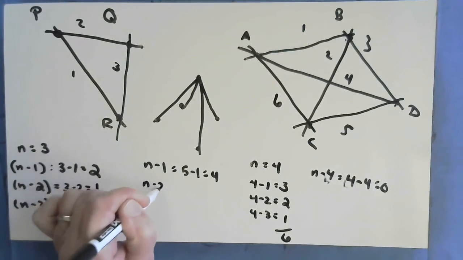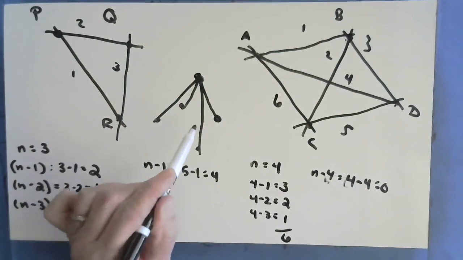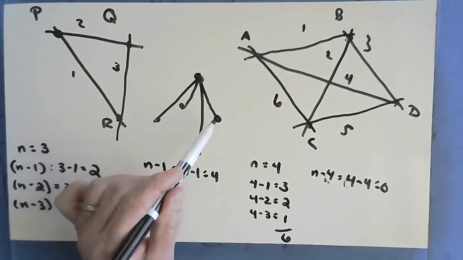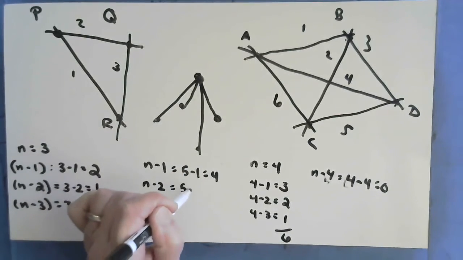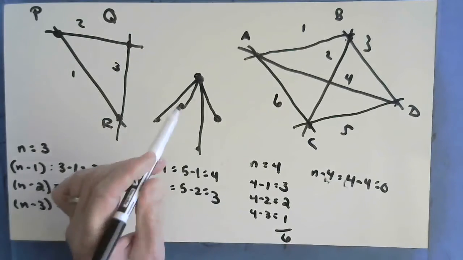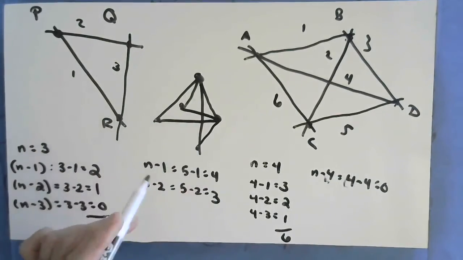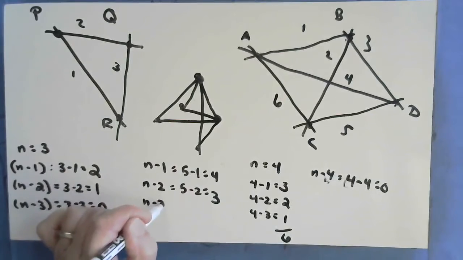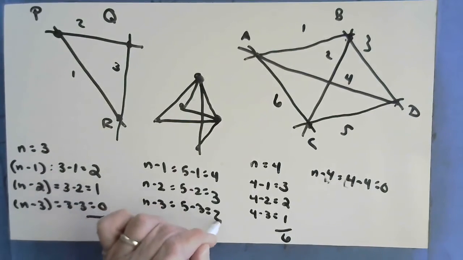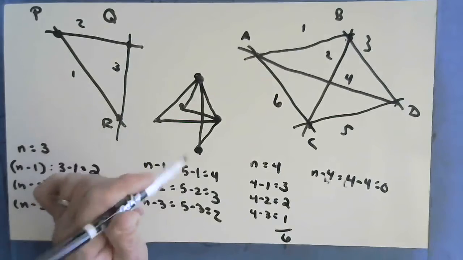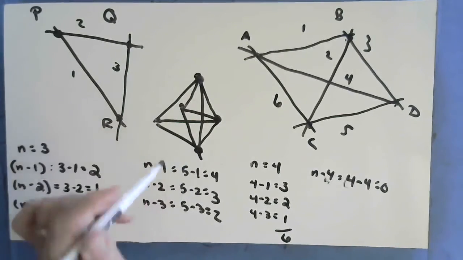Then my n minus 2 is, we've already used this point. Let's use this one and connect it to all the rest. There are n minus 2 points left to connect. So if I say n minus 2, that's 3. I expect to make 3 more lines, 1, 2, and 3. n minus 3 equals 5 minus 3 equals 2. The next point that I work with, I expect to make 2 lines, 1, 2.